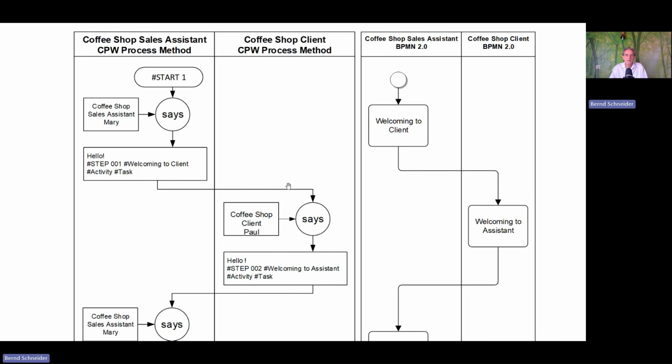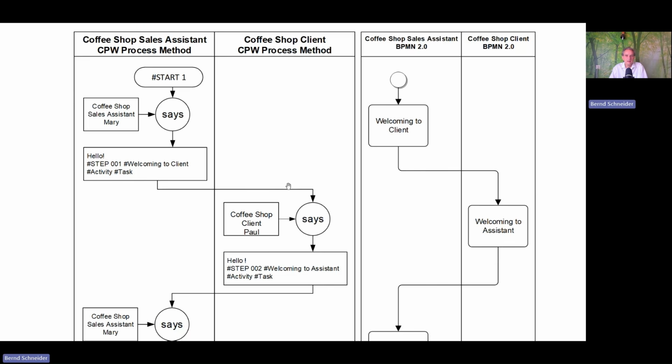What we see here is on the left-hand two columns, the CPW process method. On the right-hand two columns, we have the representation with business process modeling notation 2.0.